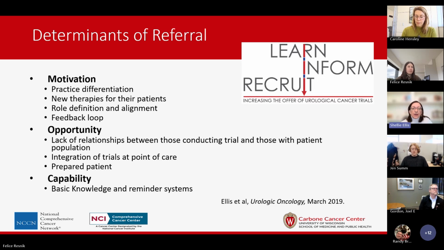But they also helped us understand that the way that they saw their role in referring patients to clinical trials wasn't necessarily what was happening from the trialist. They saw their role as referring patients for consideration for clinical trials, and they really expected their patients to come back or to at least hear what was happening with their patients and potentially to co-manage their patients.